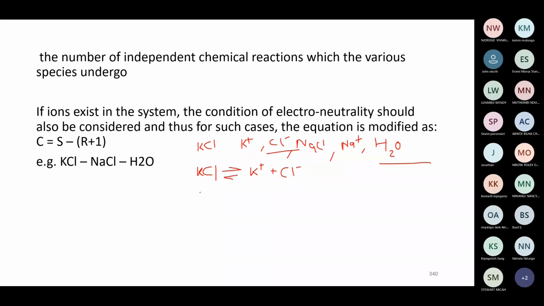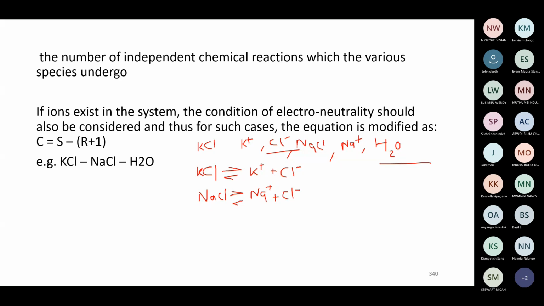And then we have the dissociation of sodium chloride to give us sodium ions plus chloride ions.